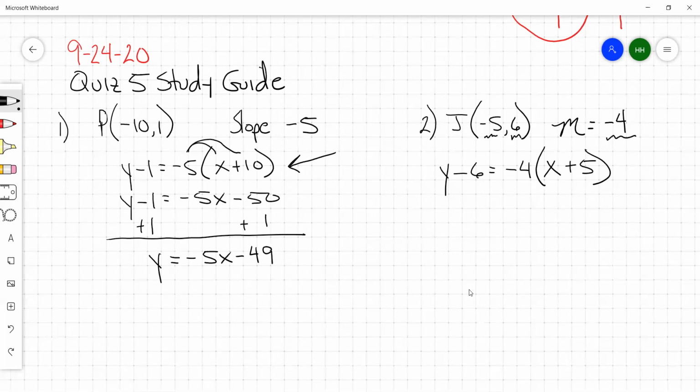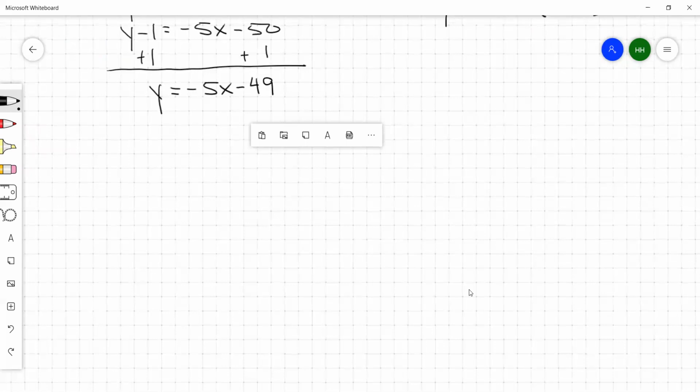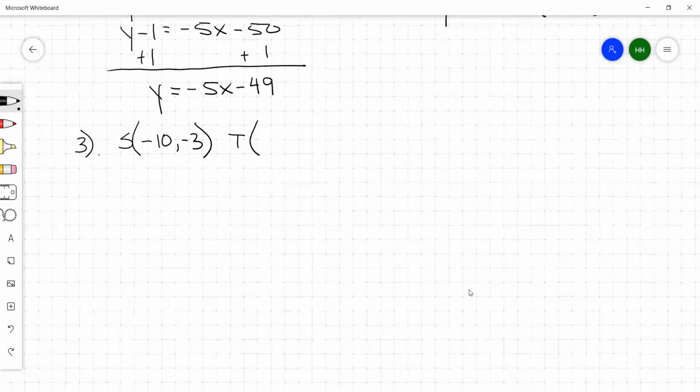All right, number 3. Write an equation in slope-intercept form. Now, what you're given is 2 points. You're asked to write it in slope-intercept form.